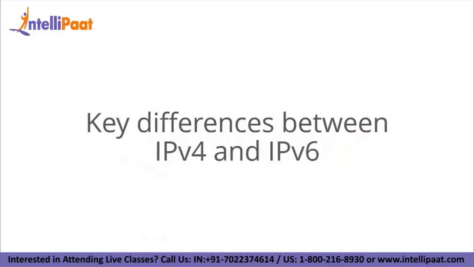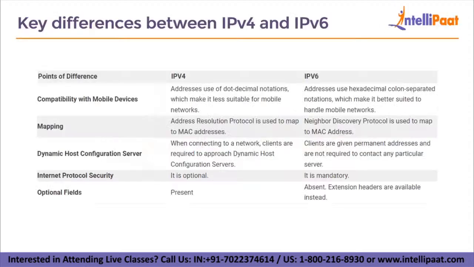Alright, now that we have a clear idea of what IPv4 and IPv6 are, let us look at the key differences between them. I'll be listing out a few differences here. First is the compatibility with mobile devices. Coming to IPv4, the addresses use dotted decimal notation, which makes it less suitable for mobile networks.